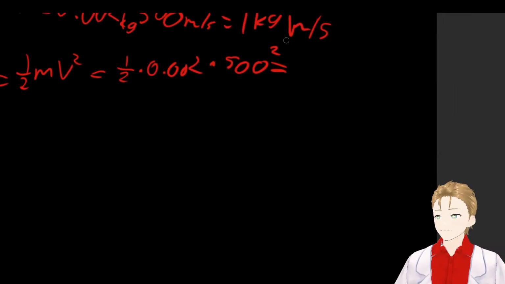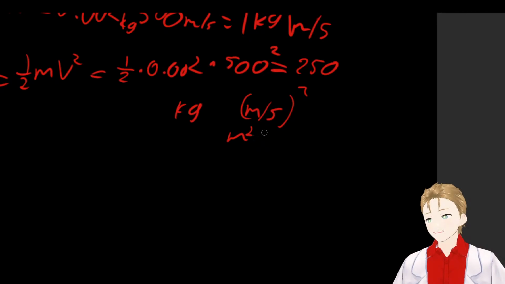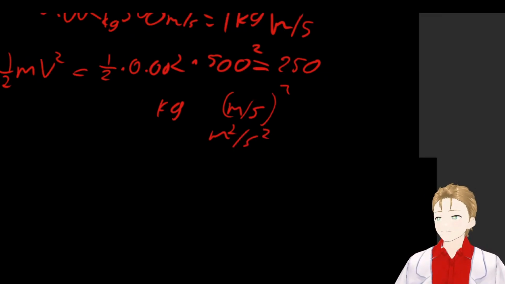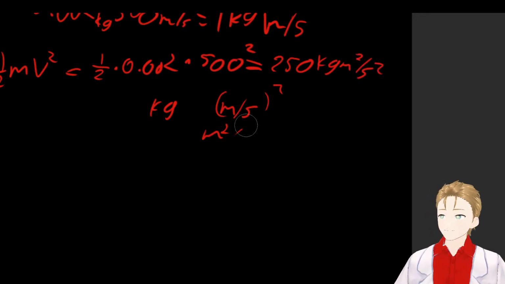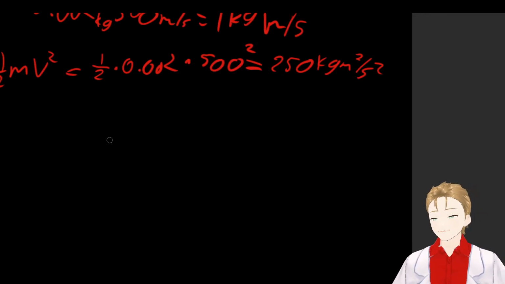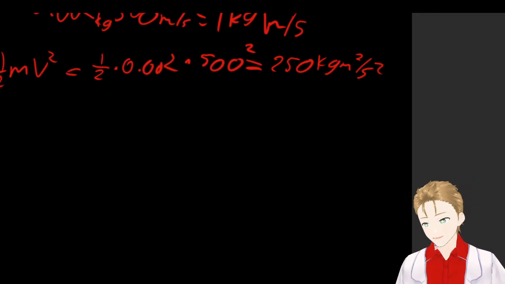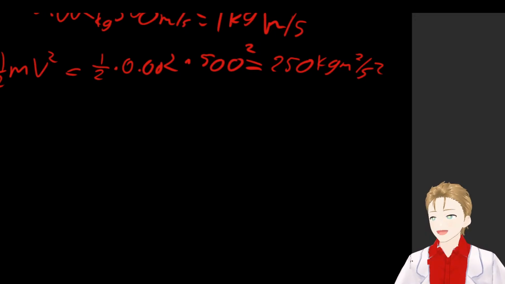That's 250, wait, that's kilograms times meters per second, but then the square, so it's kilogram meters squared per second squared, and this is joules. Is that how joules work?